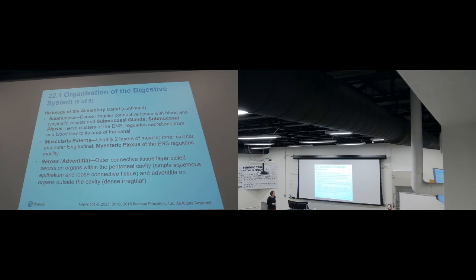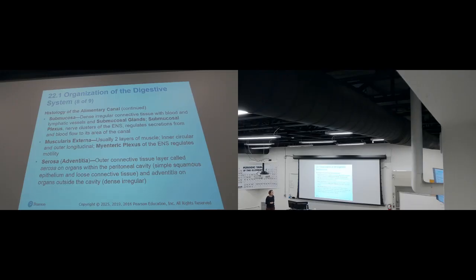Now the submucosa is made of dense irregular connective tissue, and also we have there blood and lymphatic vessels, and then we have submucosal glands that are very active to secrete mucus onto the surface of the epithelium, so that the epithelium will be lubricated, and then you have passage of food really easily from proximal regions to distal regions.